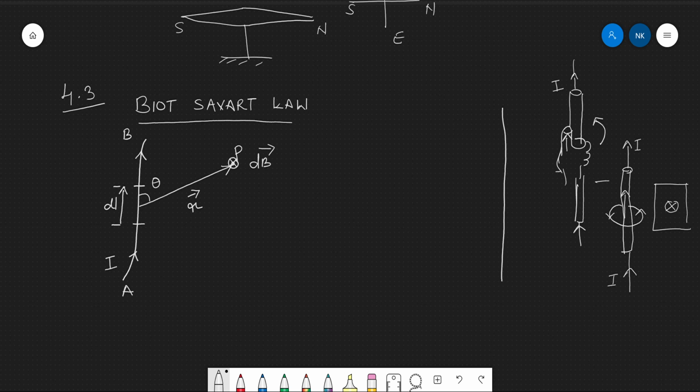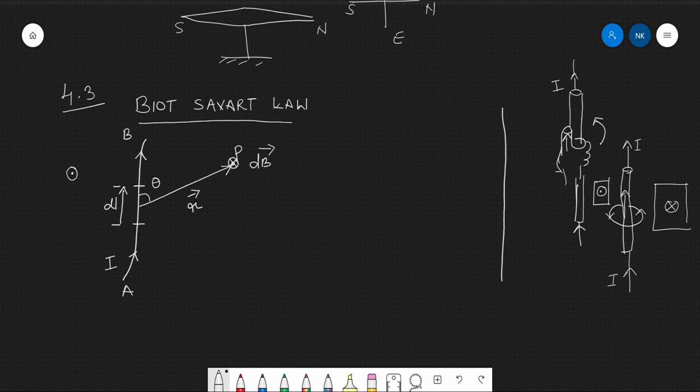If I consider a plane here, it is coming towards you, which means it's a dot. So for this current carrying wire, on the right hand side the direction of the magnetic field is away from you, and on the left it is towards you. That is why we have the cross sign here, because the current is moving from A to B, similar to this one. On the right hand side it is a cross and on the left hand side it should be a dot, but it's not required here.